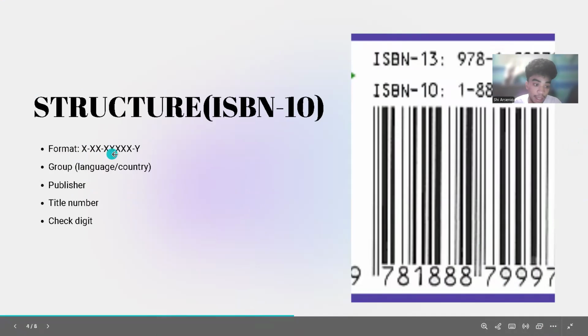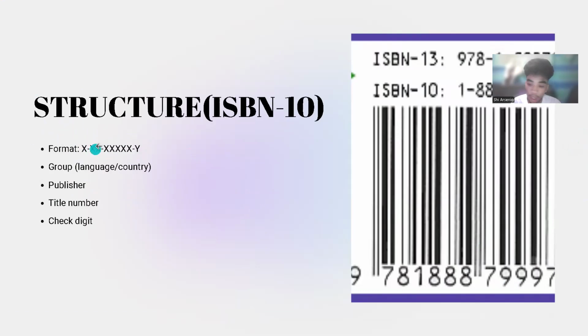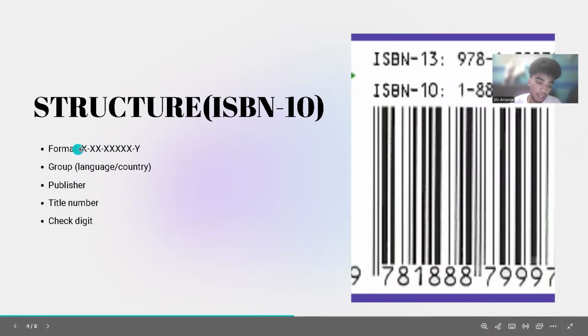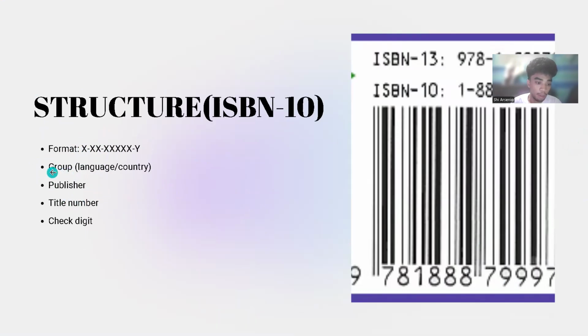The ISBN 10 has 4 groups. The first group is 1 digit, which represents the group, the language, or the country. Next is the 2-digit group, which represents the publisher.